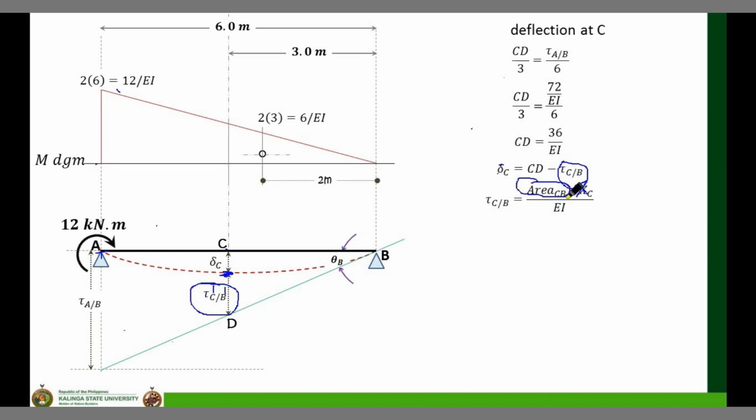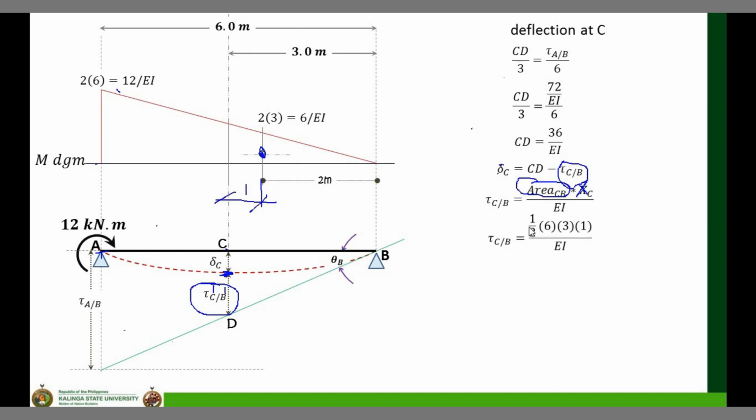For the value of your X, looking at your moment diagram, if the centroid of your triangle is this one, this XC is the distance from the centroid of your triangle to my point C. If you look at this diagram, this distance is 1/3 of 3, which is equal to 1.